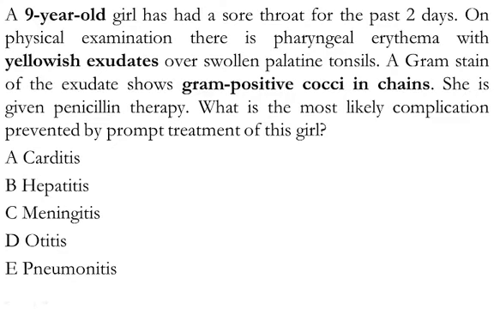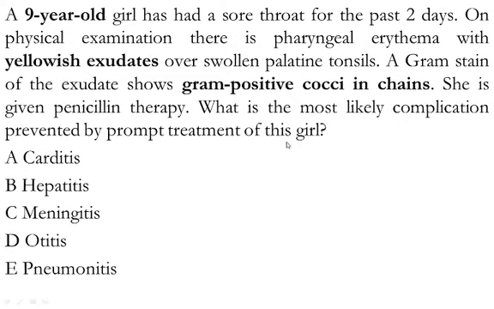Surprisingly, streptococci might be killed by penicillin. They don't produce any kind of protection against penicillin. So over decades we use penicillin for such cases. Why? Because it works. What is the most likely complication prevented by prompt treatment of this girl?